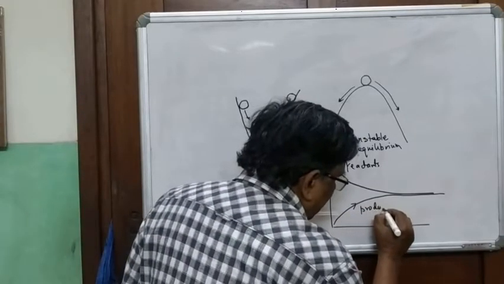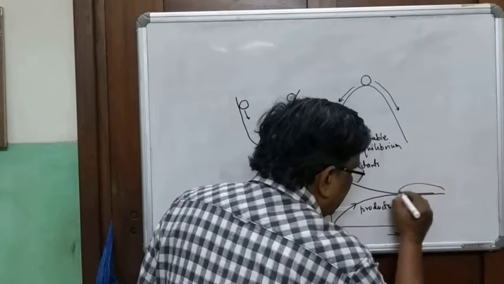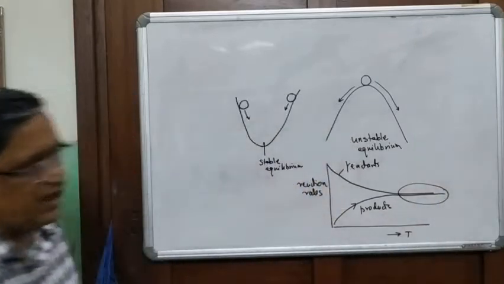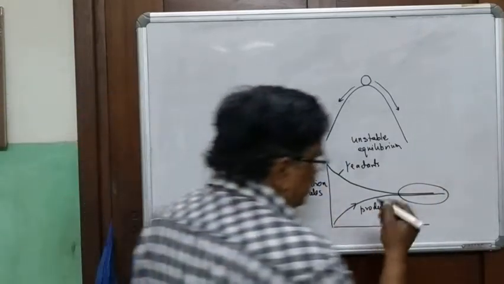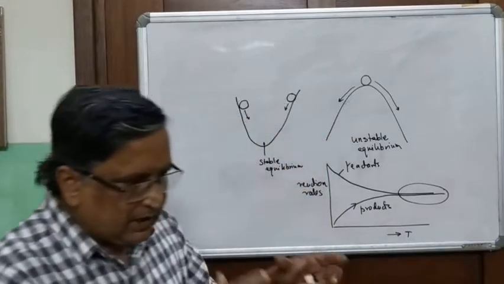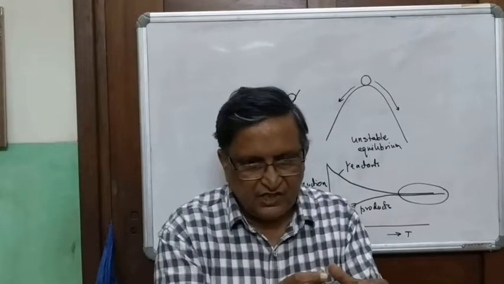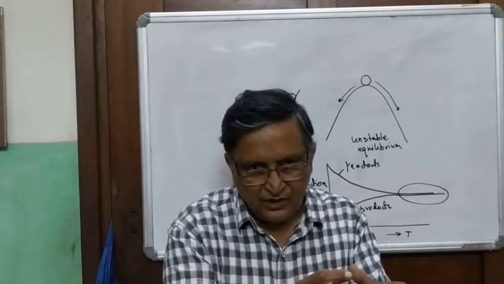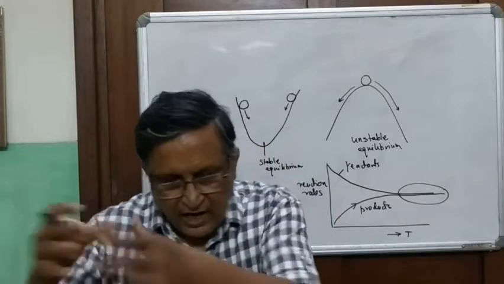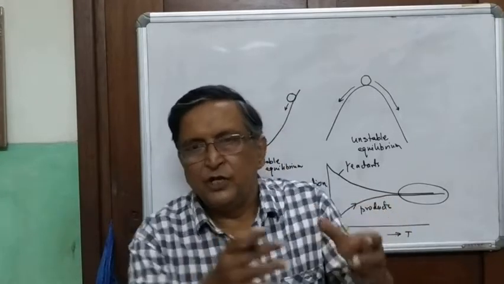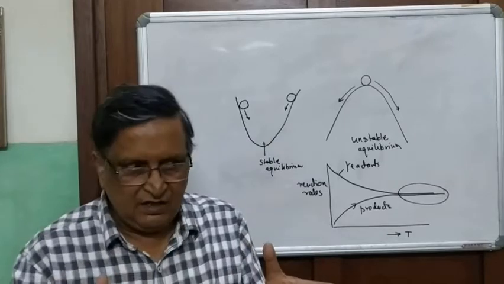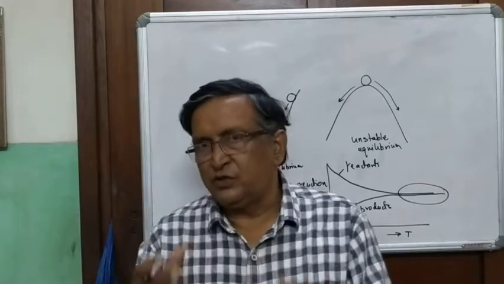So this is a situation where we have a stable equilibrium, which means the reactants react to produce a product, and the product also produces the reactant. So it's sort of a stalemate.